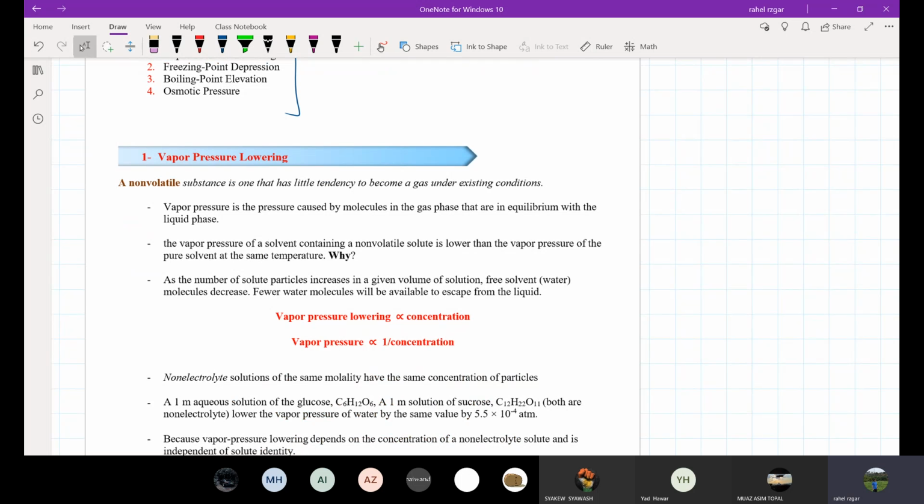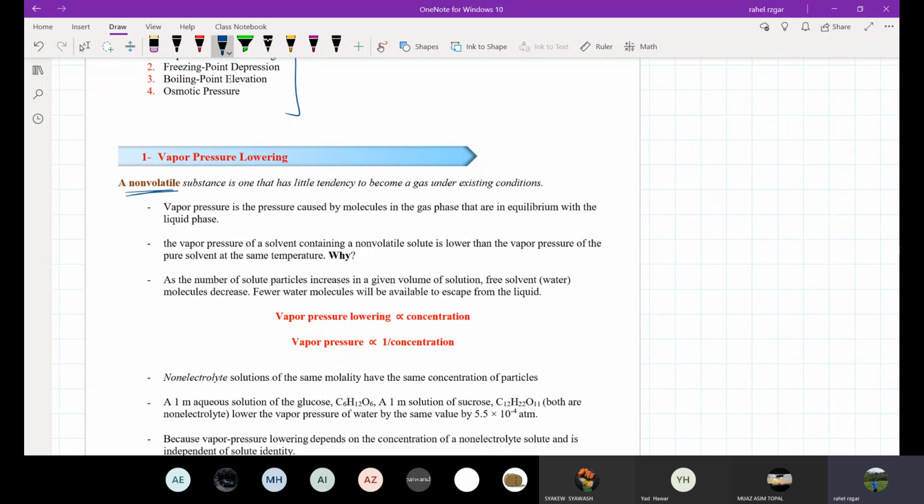And before we start with vapor pressure, the book says all the solutes that are used here are non-volatile. What is non-volatile? It's exactly the opposite of volatile. Non-volatile has little tendency to become gas, but volatile is something that can easily become gas.